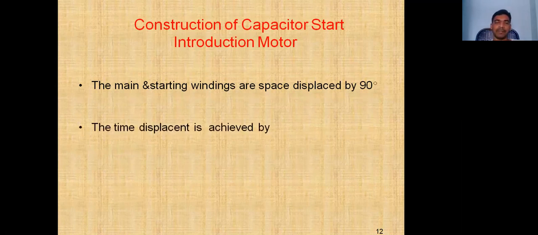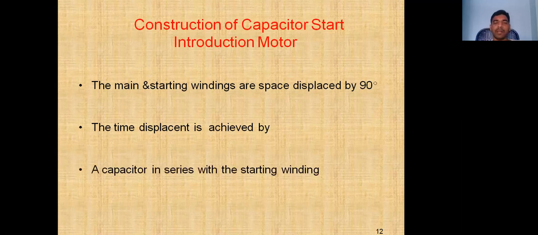The main winding lags by 90 degrees due to the lack of a capacitor in the main winding. The time displacement of 90 degrees is achieved by a capacitor in series with the starting winding.